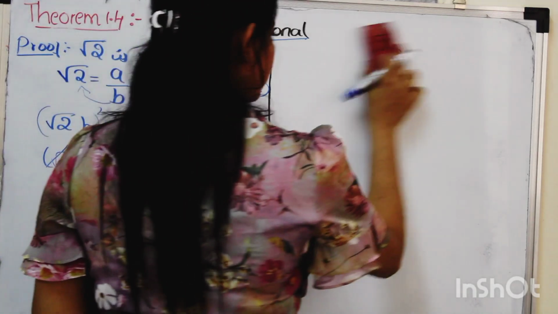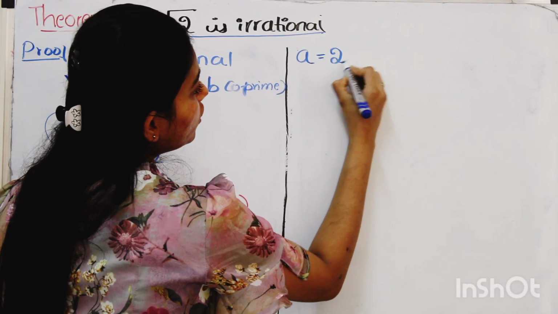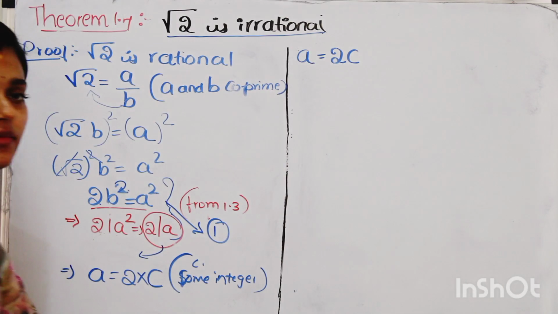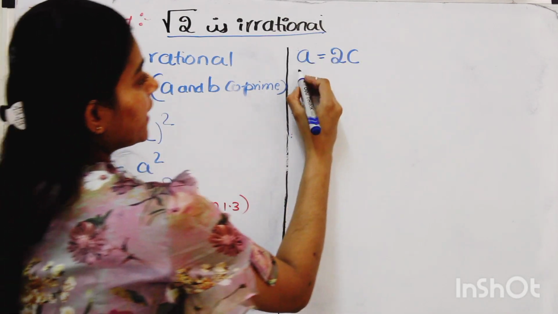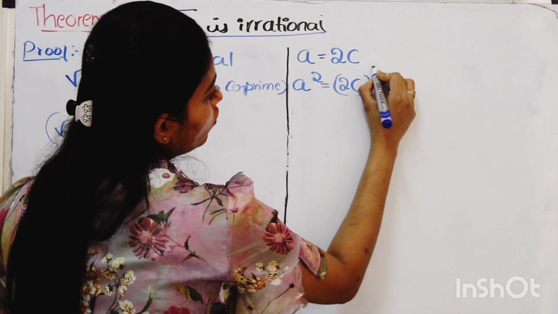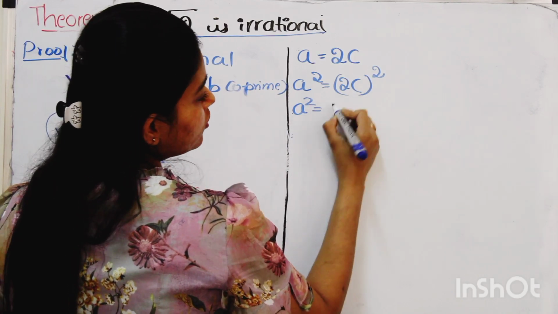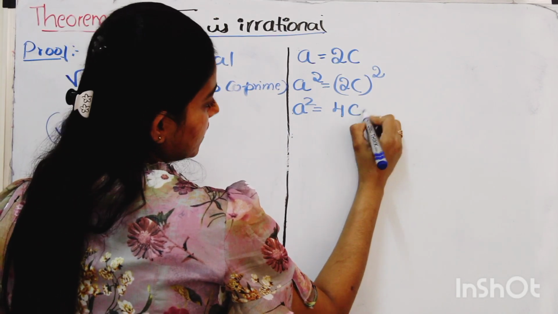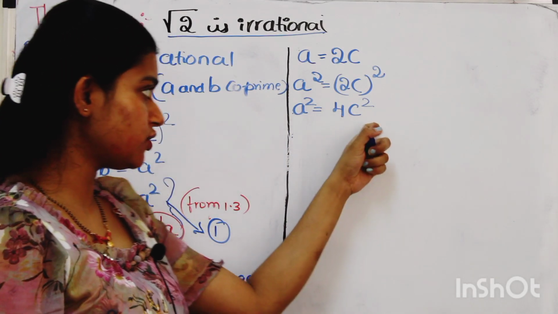So now we have a equal to 2c. Squaring on both sides, you get a square equal to 2c whole square, which is a square equal to 4c square.